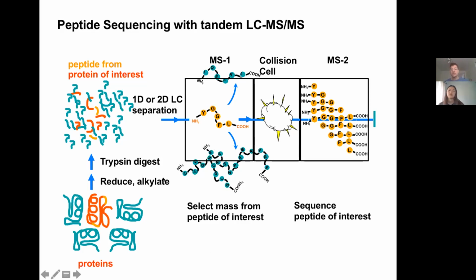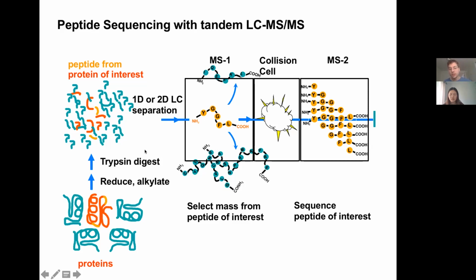Now we alkylate the free sulfhydryls on the cysteines using an alkylating agent. This is to prevent the protein from potentially refolding and making erroneous disulfide bonds, or having disulfide shuffling that will complicate the downstream analysis. So you reduce the cysteines, you block the cysteines, and then you add in a peptidase of interest to digest your protein into peptides.